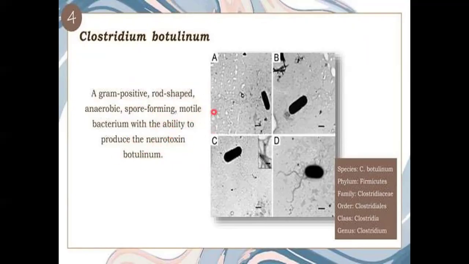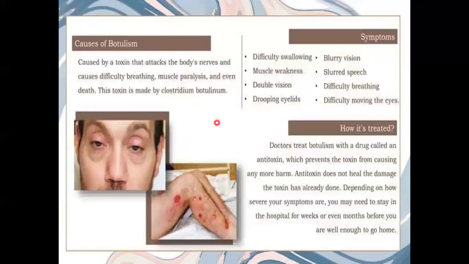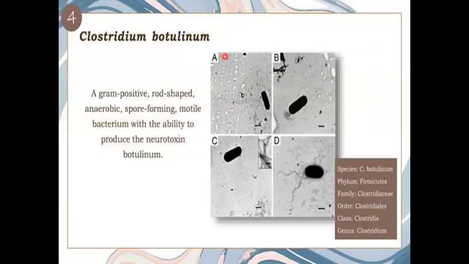I'm sure you have heard of the botulinum toxin before. It is quite common and has a positive outcome, because this is what we call Botox. Have you heard of Botox?